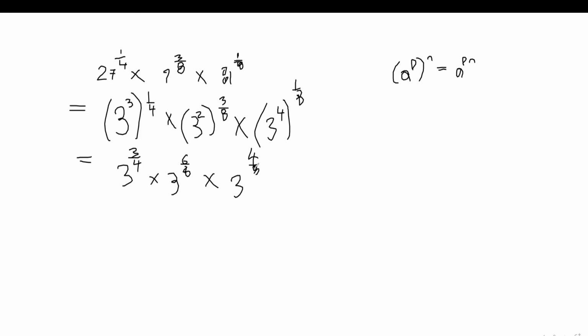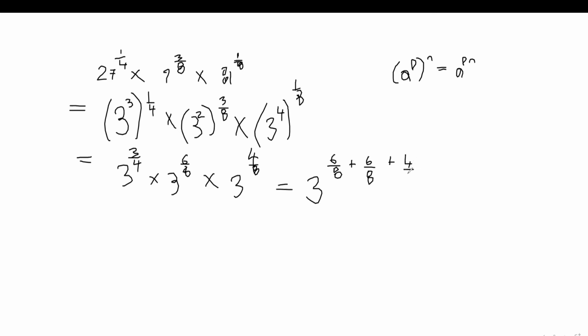Sir, you wouldn't want to simplify it? So now we're going to simplify it. Whenever the bases are the same and we're multiplying, we can add the powers. So now, remember 3/4 is really 6/8. So this is just 3 to the 6/8 plus 6/8 plus 4/8.